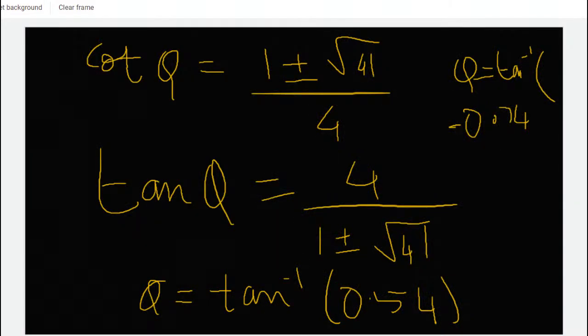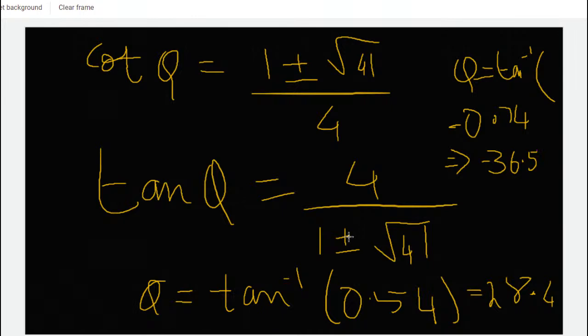So tan inverse 0.54 gives me 28.36, or let's say 28.37. Wait, I calculate 28.4 to 3 significant figures. Okay, and then tan inverse of minus 0.74 would give me minus 36.5.